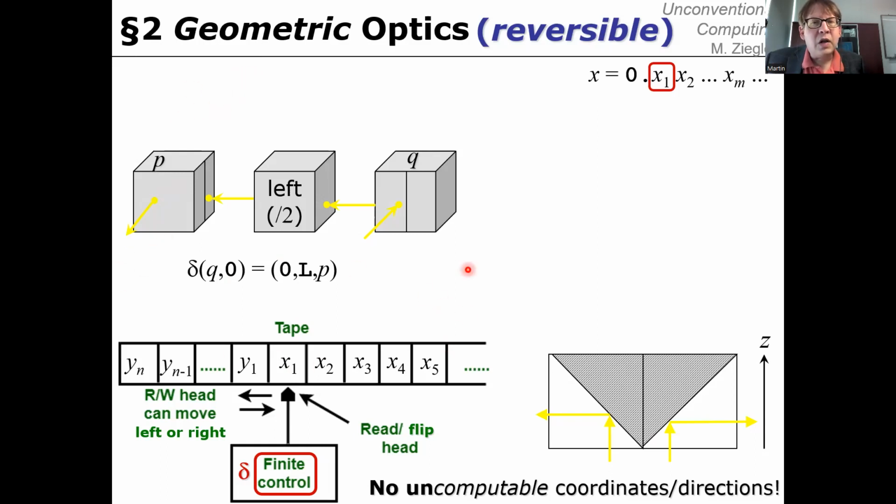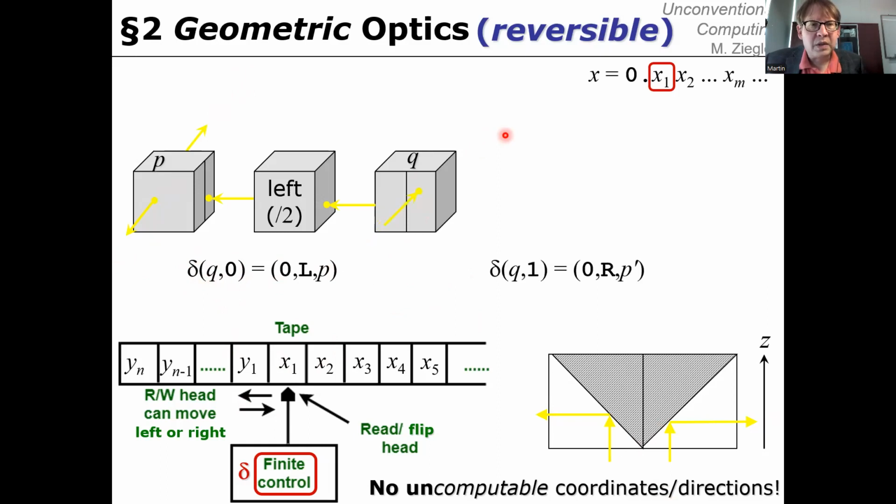But for now, let's continue creating our optical computer with the next rule, namely the rule where the transition function says if you're in state Q and reading 1, what are we going to do then? Reading 1 means that the light ray enters here to the right half of this test box and leaves to the right.